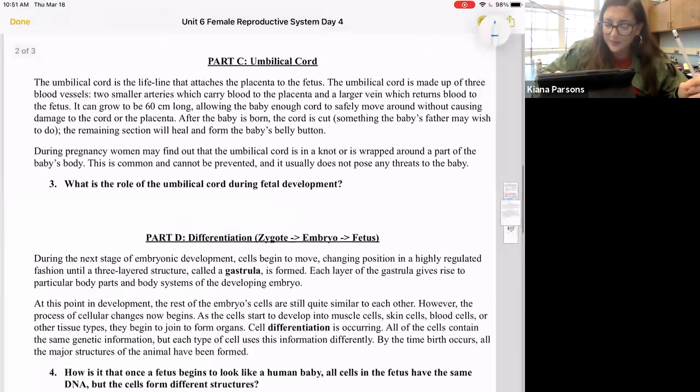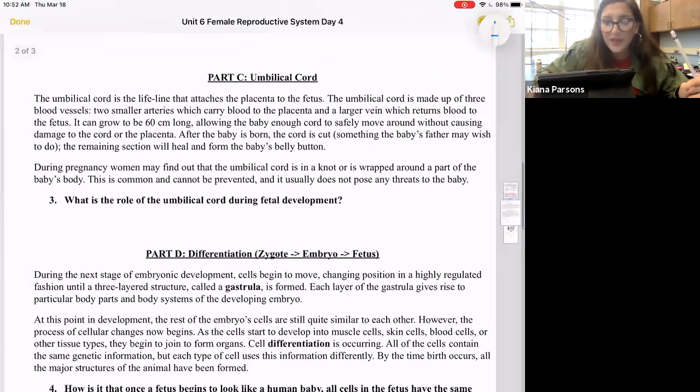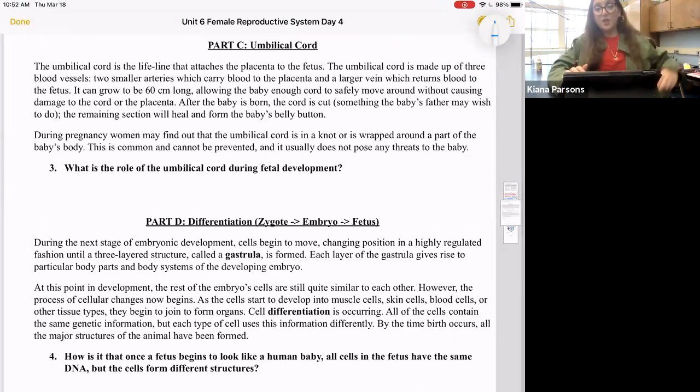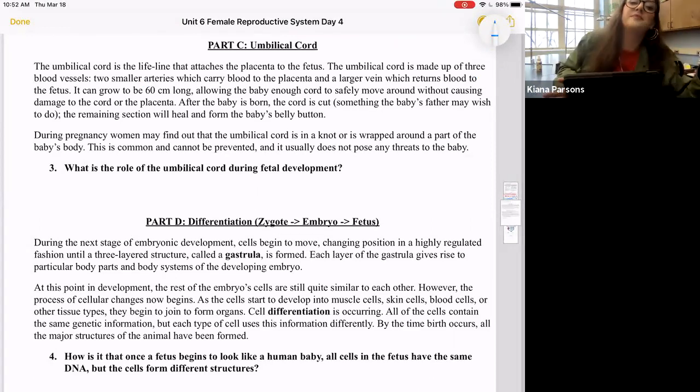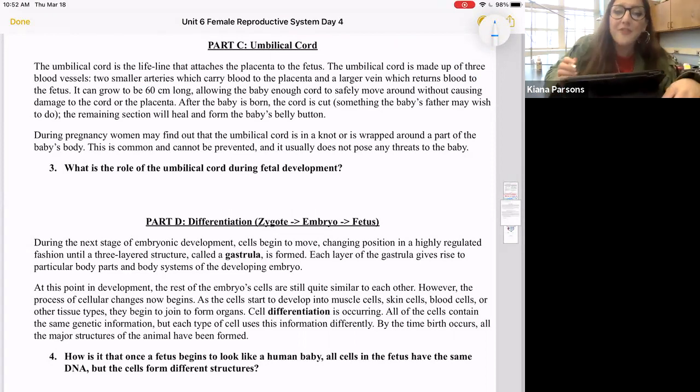All right. Now let's read about the umbilical cord, what gives us all a belly button. The umbilical cord is the lifeline that attaches the placenta to the fetus.